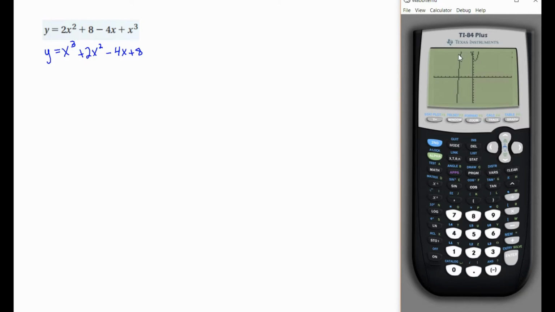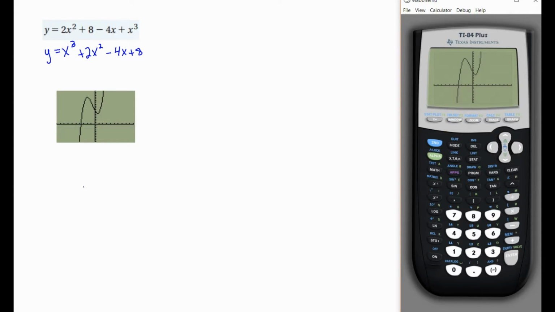Alright, looks like we actually have to do a little bit of work with our window here. So I'm going to change my y maximum. Let's see if 15 works. Alright, almost there. The reason I'm moving my y max up is because I want to still get this turning point in there. So I'll just switch it over to 20. There it is.